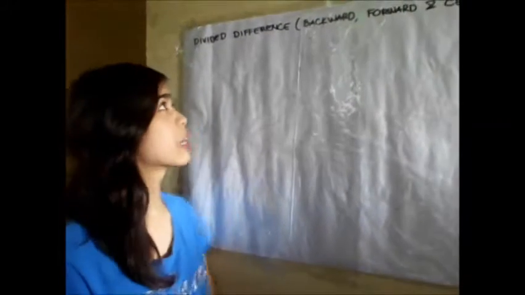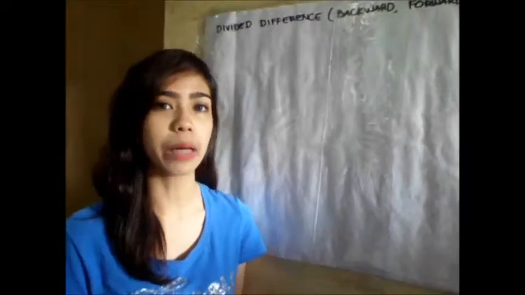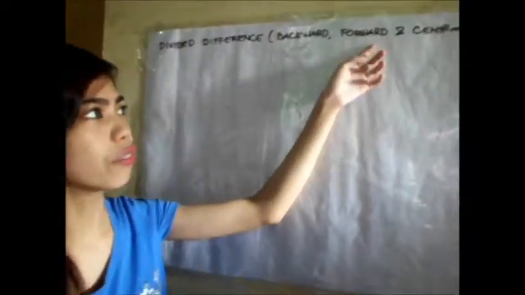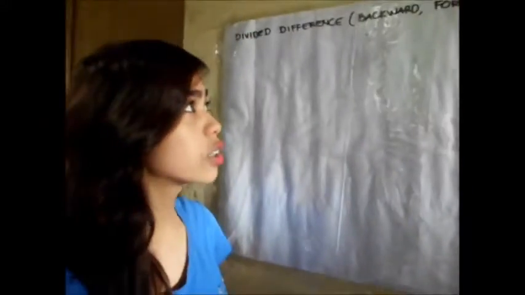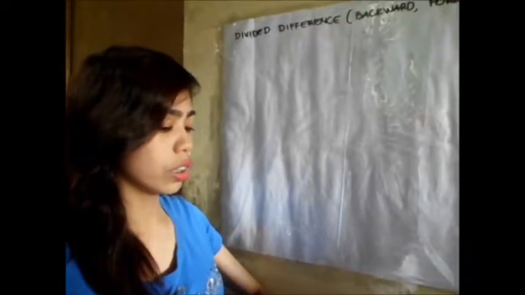Our next topic is about divided difference. We have three types of this: the backward, the forward, and the central. First, we should have a function.